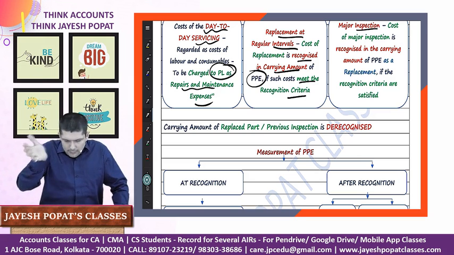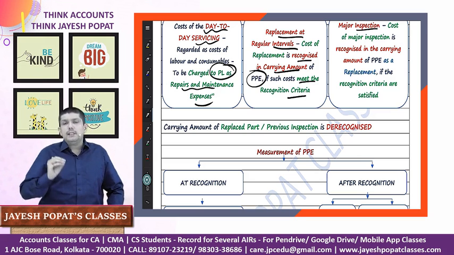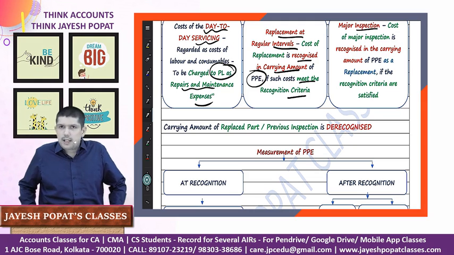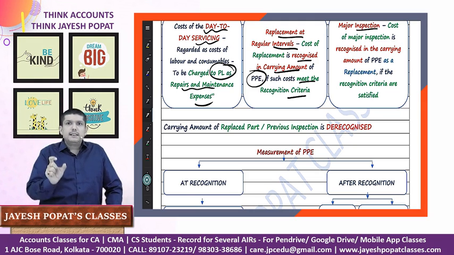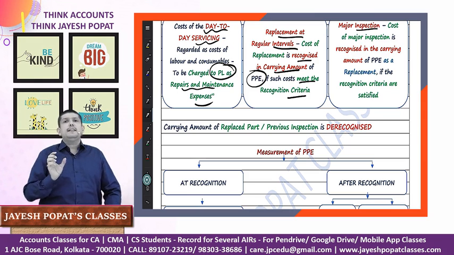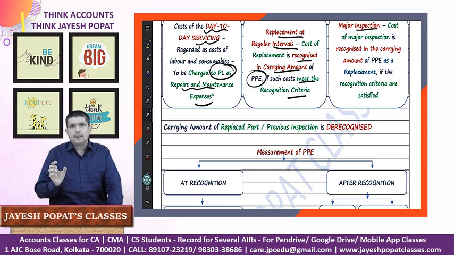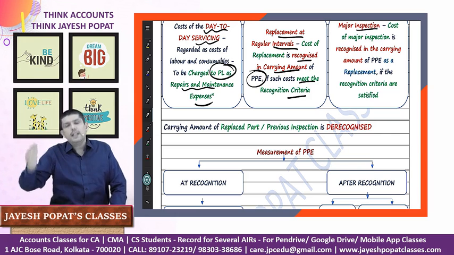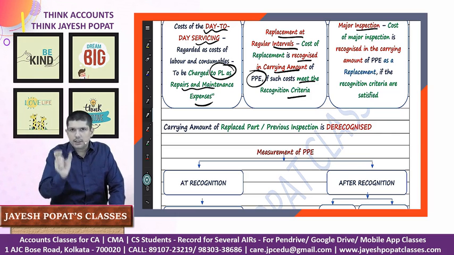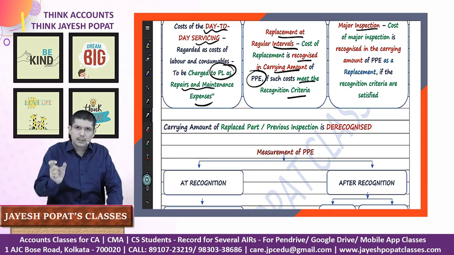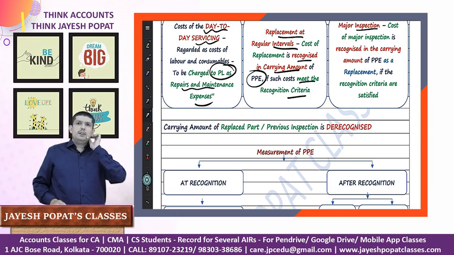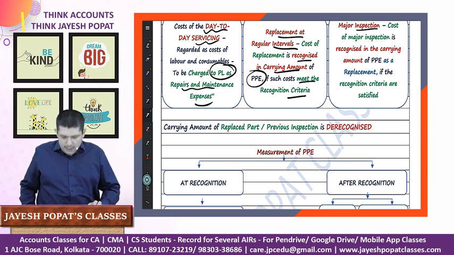So when we have the new seats in place, we'll capitalize the cost of these new seats to the cost of the airplane. But till this date, we have depreciated for 4 years, and 2 years of cost is still lying in the block of that particular aeroplane. We need to take it off. We need to de-recognize the carrying amount relating to the seats for the residual period of 2 years, when we are capitalizing the cost of the new seating arrangement.